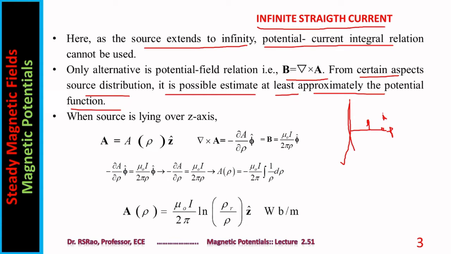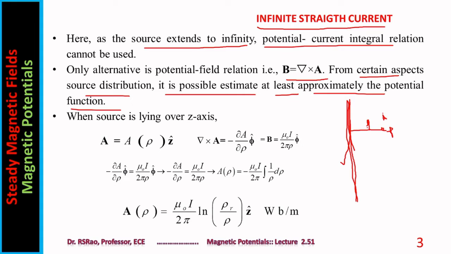For example, from source distribution, one can say A cannot depend, so let us suppose it is lying over the z-axis, A cannot depend on the z coordinate because source distribution extends to infinity in plus z direction and in minus z direction. Hence, it cannot depend upon z value.